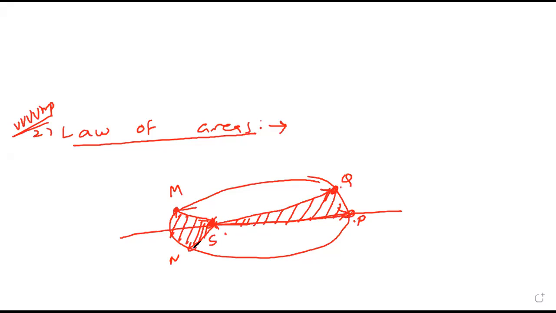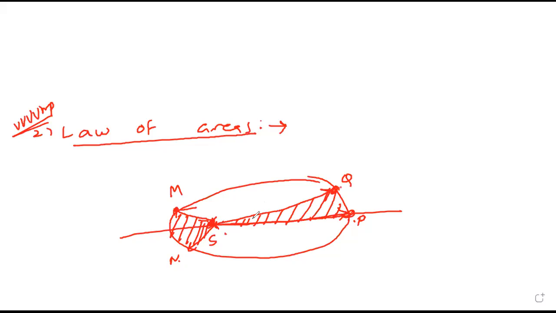Goes from P to Q, this much area, SPQ, and M to N, then MSN, that much area, that area the radius vector covers.